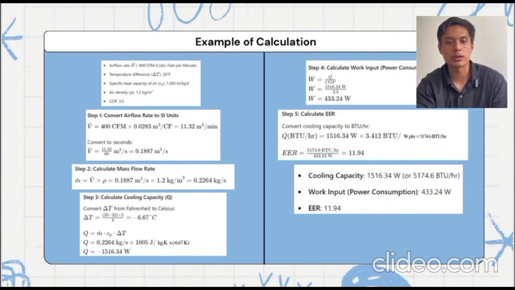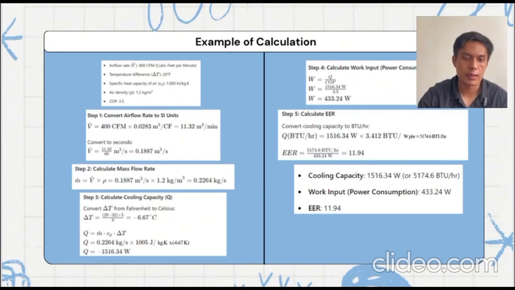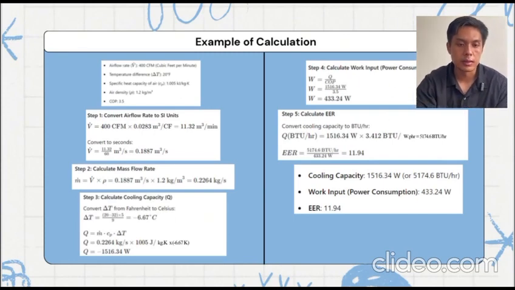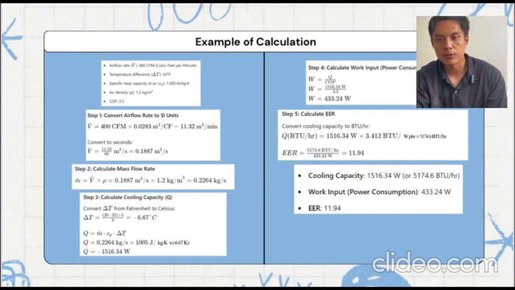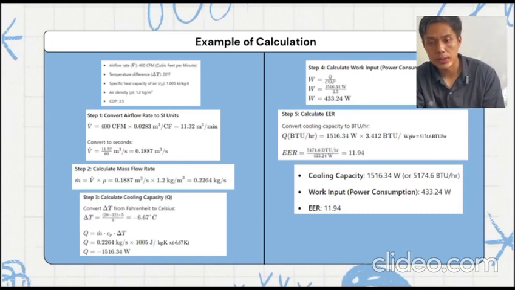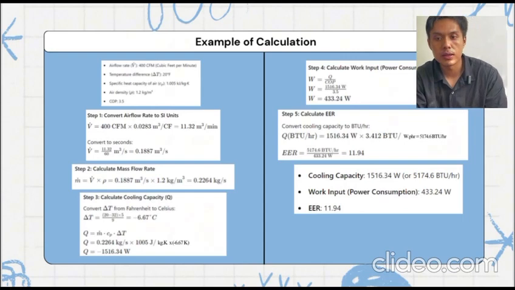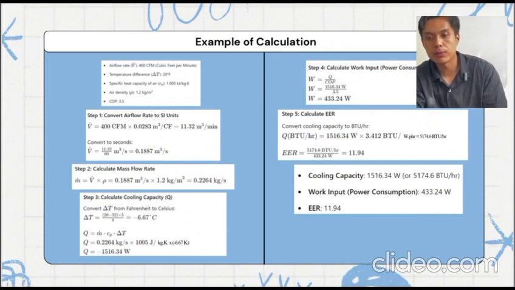Step 3 is to calculate the cooling capacity, converting delta T from Fahrenheit to Celsius and then inserting it in the Q formula. Step 4 is to calculate the work input, or power consumption, which is Q divided by COP, and the answer is 433.24 watts. And the last step is to calculate the EER, which has a value of 11.94.